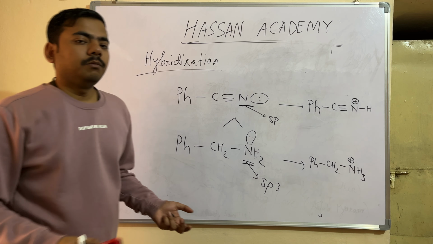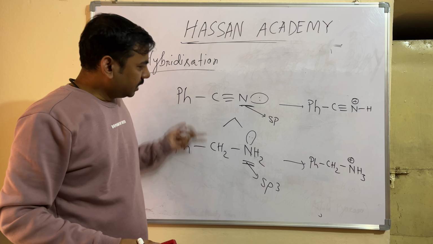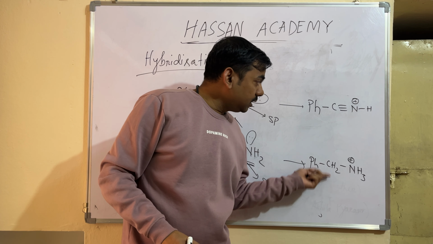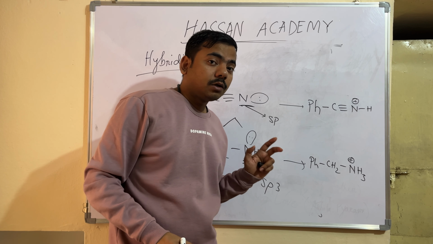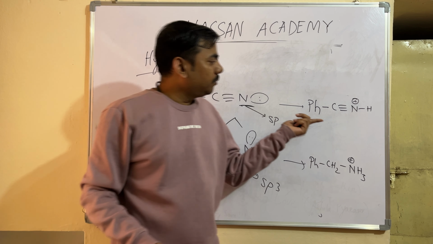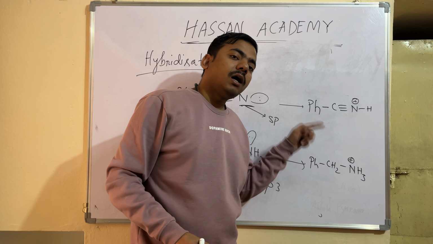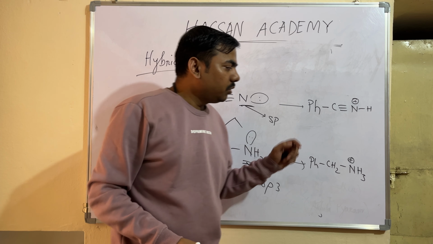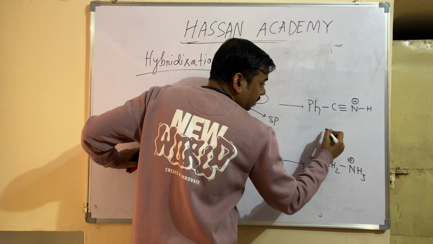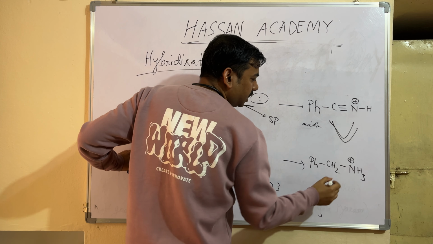Now the examiner may make a little twist, and instead of asking the basicity of this molecule, they may ask the acidity of this molecule. Do you understand what I am trying to say? Generally for this type of molecule they ask the basicity, but they may already give the conjugate acid form and ask which one is more acidic. Now you have to understand, this was a weak base, and a weak base will produce a strong acid. Now if we go for acidity, this one is more acidic than this one.